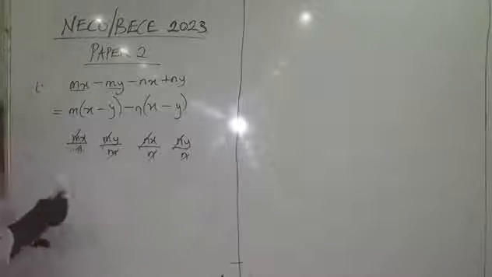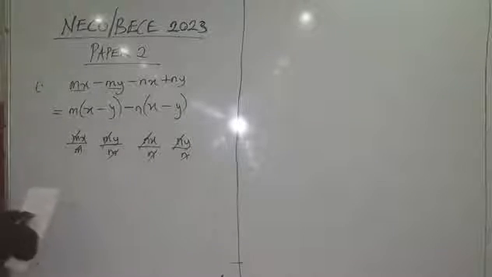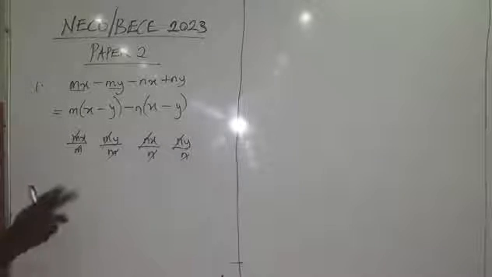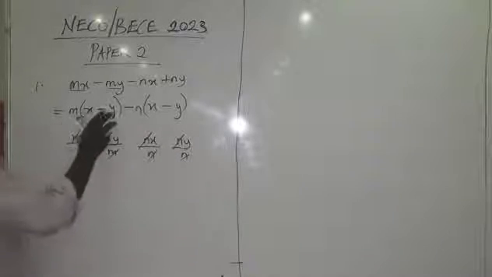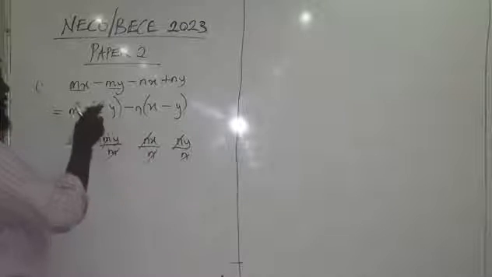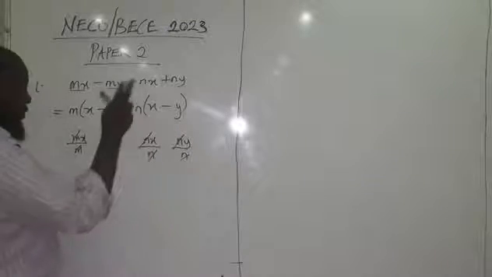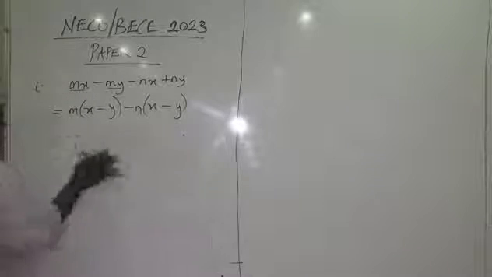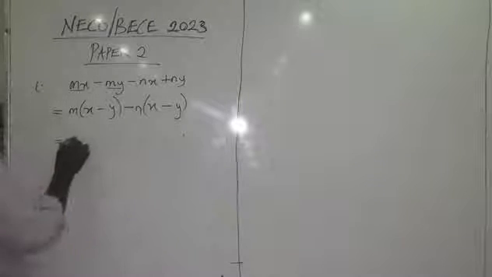It remains y. What you're going to notice here is that what you have in the brackets are the same. If what you have in this bracket and this bracket are not the same, it means you have made a mistake somewhere. That is the reason why you have to look at it very well. Even the minus: if this one is minus and this one is plus, it means you are also wrong. Is that clear? So we pick what is common to this and this, which is x minus y.